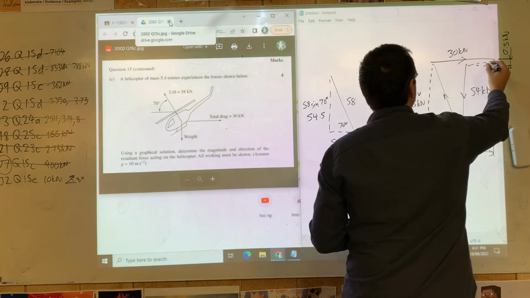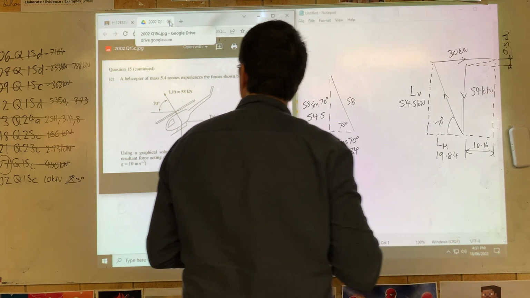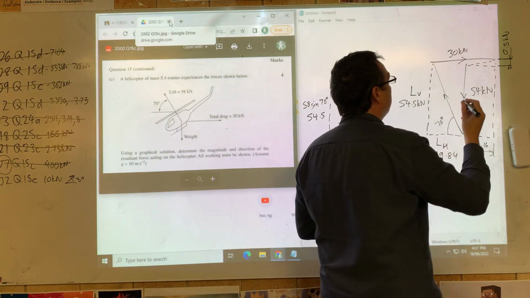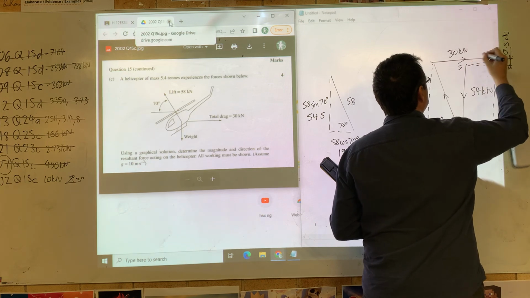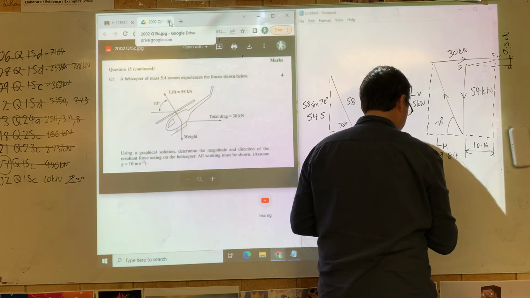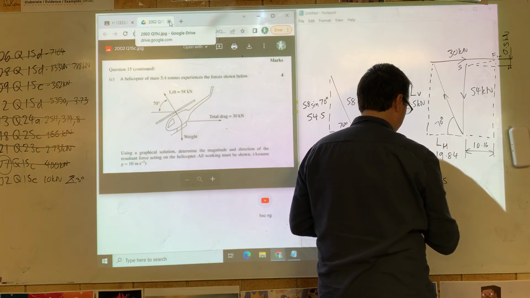So that means our resultant force. Now, are they looking for a resultant force? They're not looking for an equilibrium. So for a resultant force, what we look at is where we started. We started here and we finished here. So we're going to be going that way. It's going to be 0.5 and 10.16.